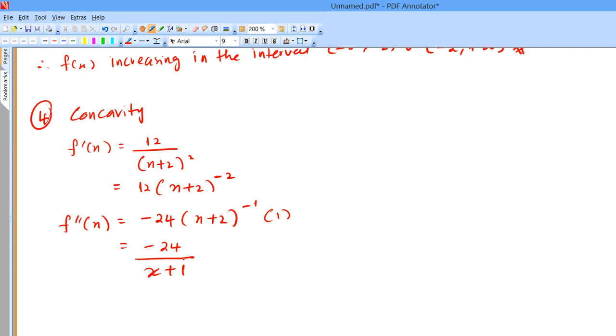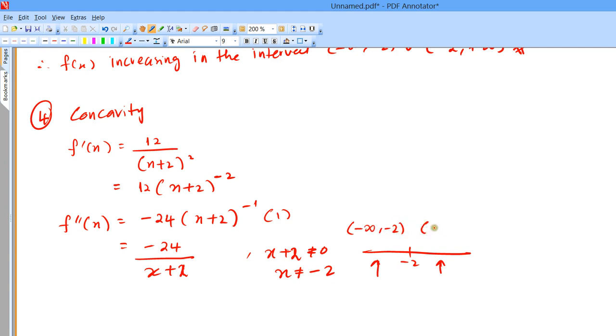To form an interval, it's actually based on the value of x in the denominator. So we have x plus 2 here. x plus 2 must not equal 0, so x must not equal negative 2. Based on the real number line, we have two intervals here. The first interval starts from negative infinity to negative 2.